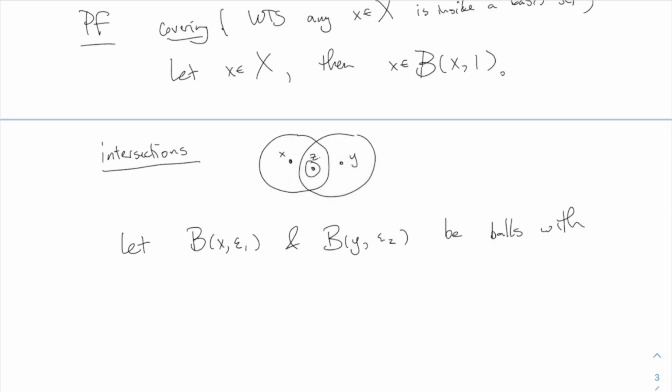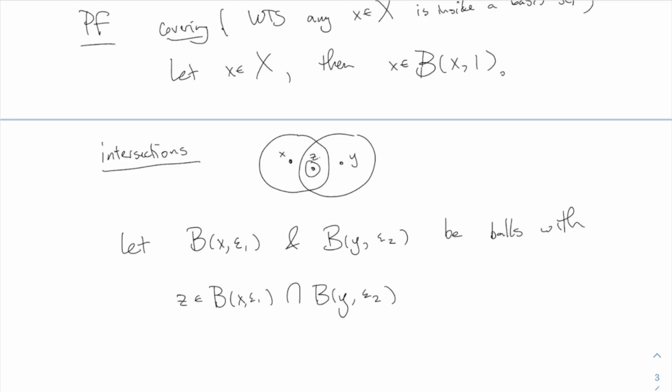So let these be balls with z in the intersection, ball of x, epsilon 1, intersect ball of y, epsilon 2. All right? And then our job is to create another ball that is completely inside of the intersection.